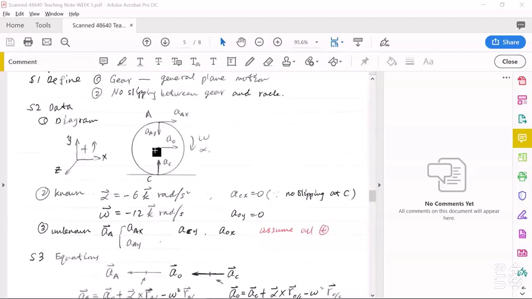Now O is the circle center, so AOX is actually AO, but AOY must be 0. ACX must be 0, and we only have ACY. And that's the conventional coordinate system.